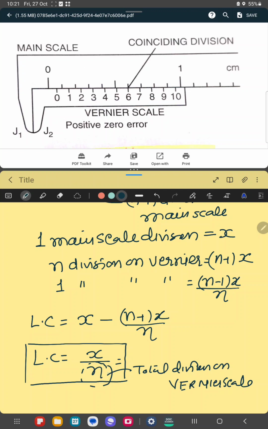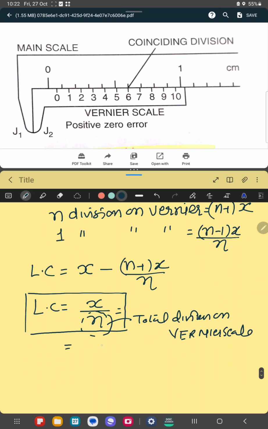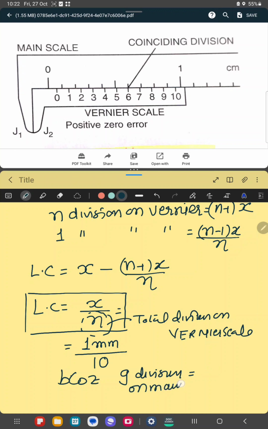Usually one main scale division is 1 mm, divided by the total number of divisions we have considered as 10 on the Vernier, because nine divisions on the main scale are equal to 10 divisions on the Vernier.